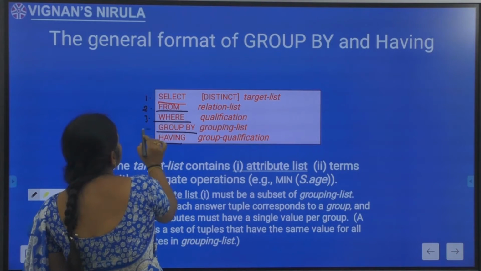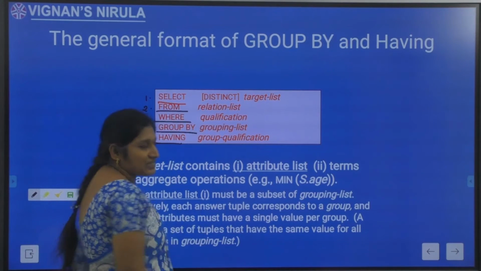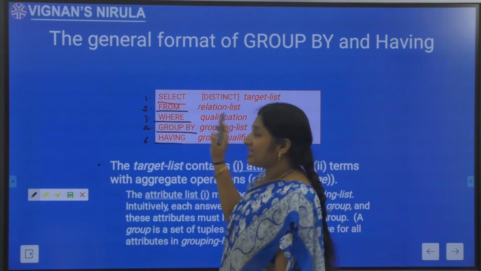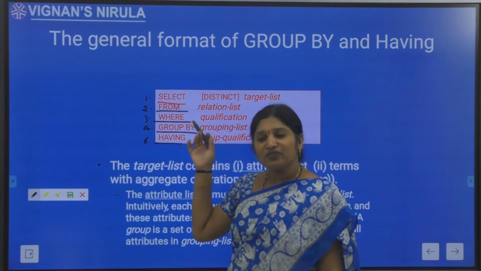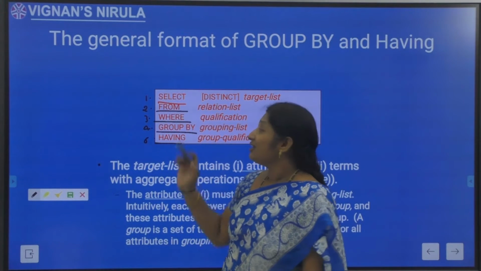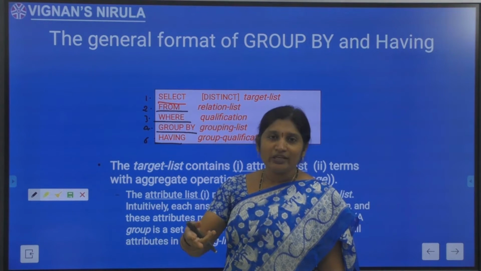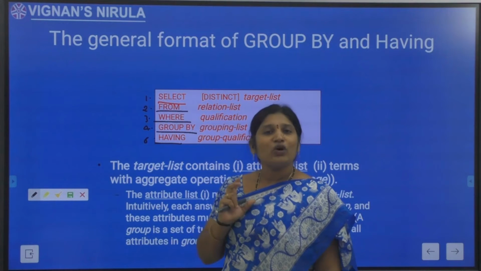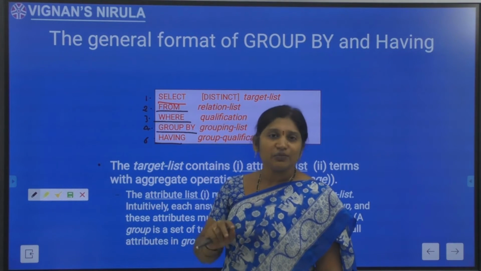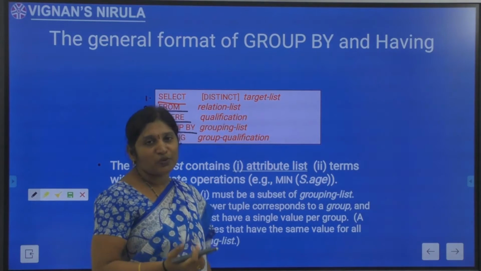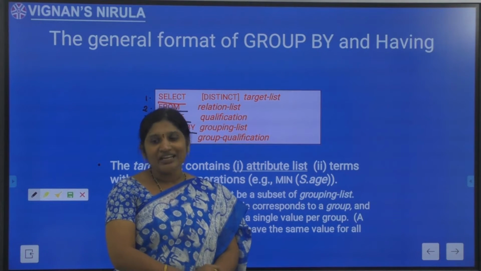WHERE clause, GROUP BY clause and HAVING clause. Up to now we have discussed only up to the WHERE clause. FROM specifies the relation list from which you want to retrieve the information. The WHERE clause specifies the conditions that need to be satisfied by the qualifying tuples, and the SELECT clause consists of the target list of attributes that needs to be output in your result.